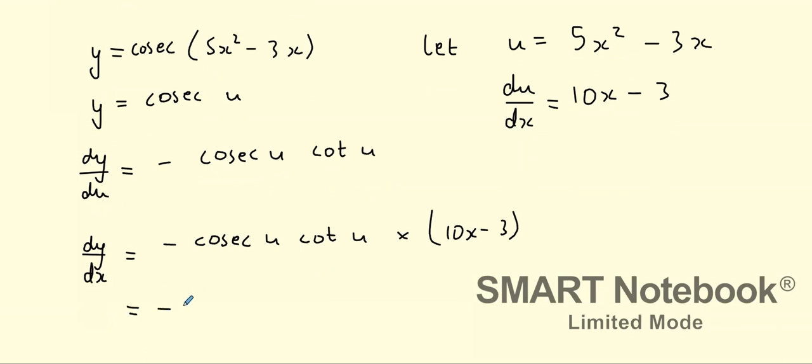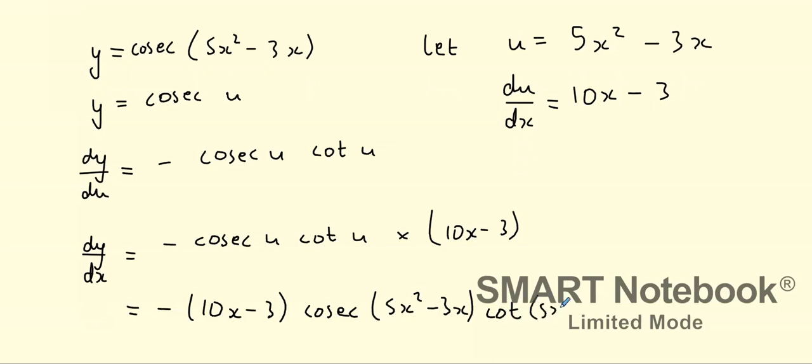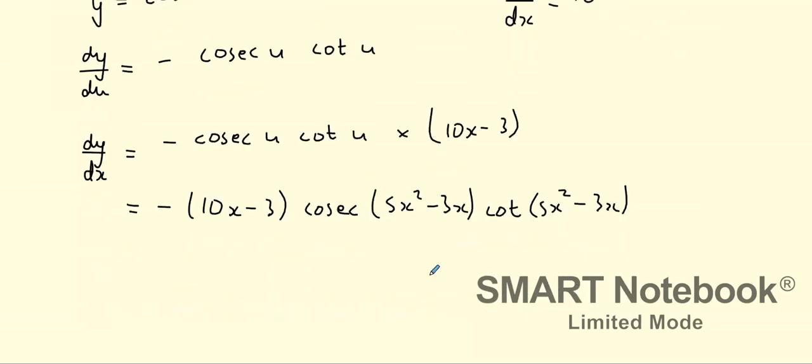And so I can write this as minus 10x minus 3 cosec 5x squared minus 3x cot 5x squared minus 3x. Or if you multiply the minus inside this bracket, that's also absolutely fine. Okay, can you let me know how you got on with that?